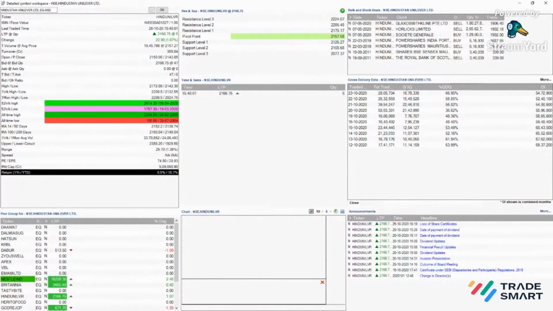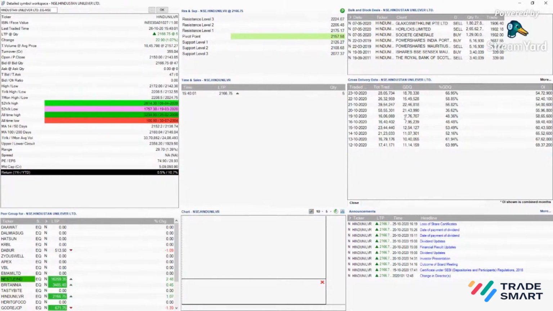The gross delivery quantity is actually the underlying for the equity, and the open interest is for the derivative markets. I have picked up Hindustan Unilever, so this is not limited to the equity market alone. It also presents the data of the derivative market, so that you can take decisions.